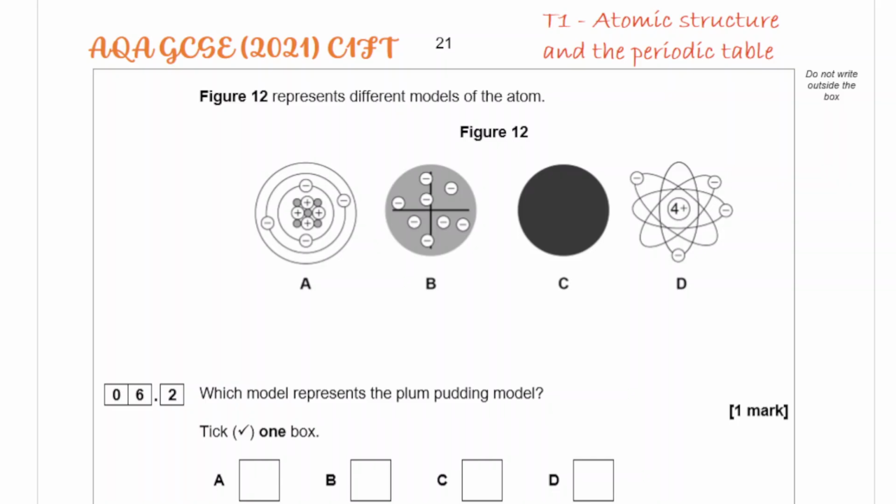Figure 12 represents different models of the atom. So first one is what we call the planetary model. This is the plum pudding model. These are the ones that you need to know. Not plum pudding model.